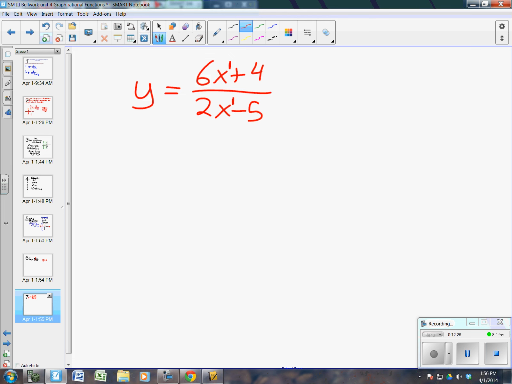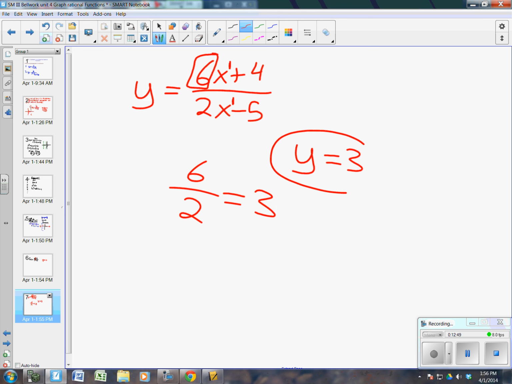So I am going to take the coefficient of the highest degree term in the top and the coefficient of the highest degree term in the bottom, and I'm going to divide them. The coefficient of 6x to the first is 6. The coefficient of 2x to the first is 2. I divide those and I get 3. So y equals 3 would be a horizontal asymptote.